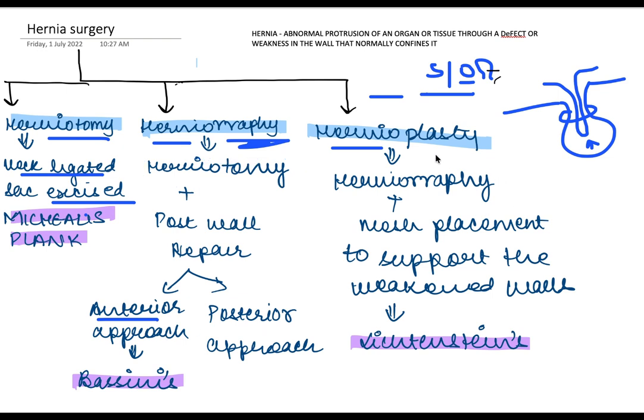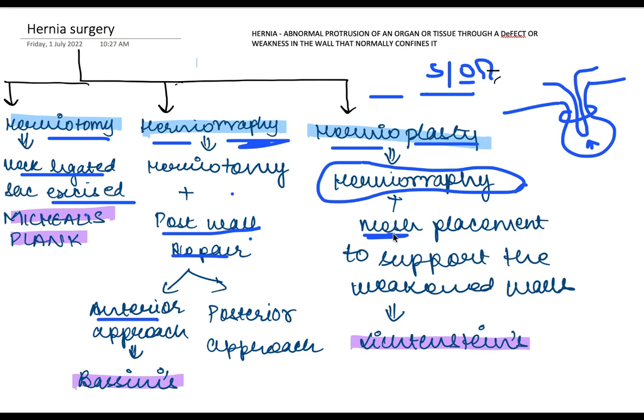Then we have hernioplasty. In herniotomy, only the sac was ligated and excised. In herniorrhaphy, we also did a wall repair. In hernioplasty, there is herniotomy and posterior wall repair with a mesh placement. Whenever we place a mesh, it is called hernioplasty.